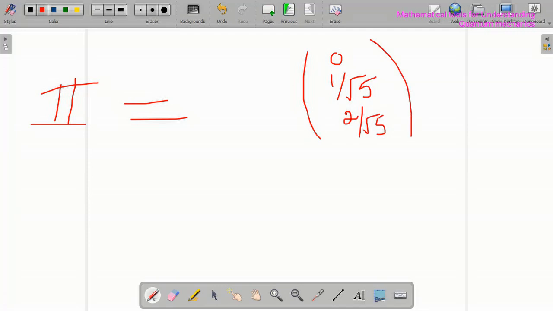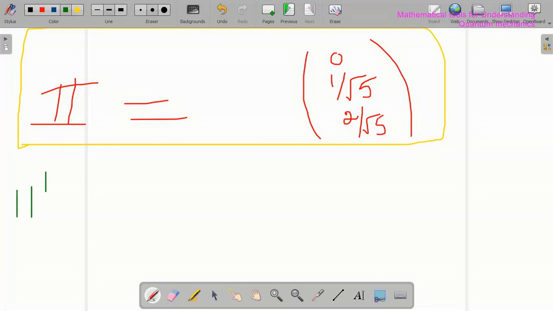This is the second normalized, or orthonormal, vector. Now we have to determine the third one. The third vector we already know: 0, 2, 5.